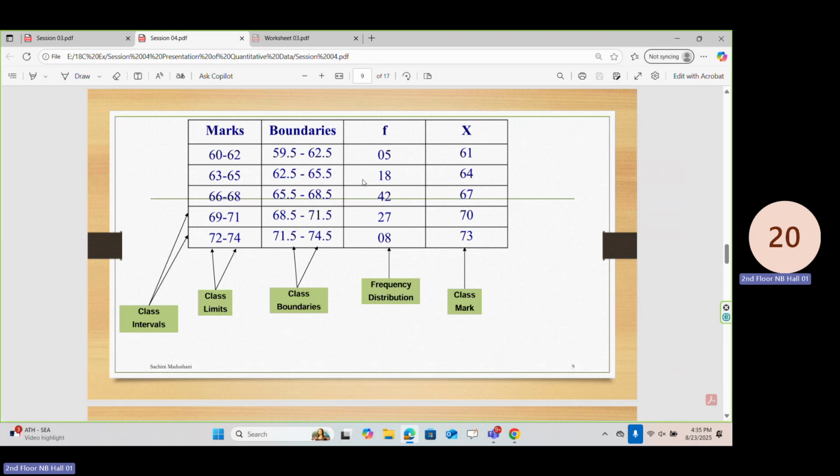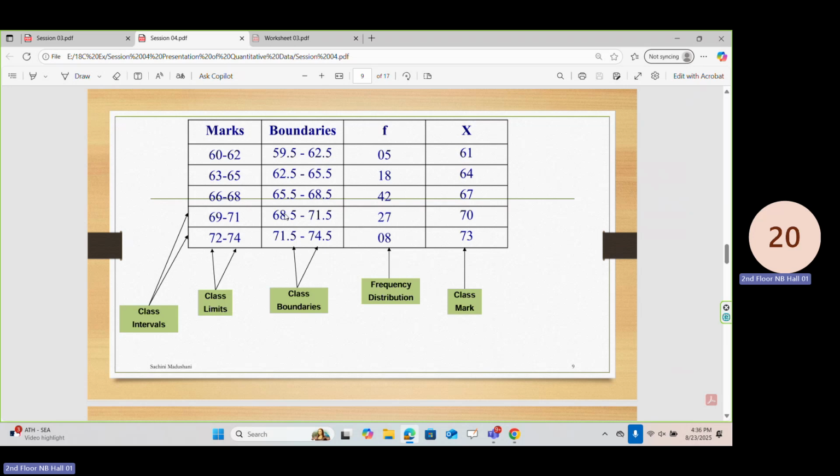That's the meaning of frequency. Another thing is that here ranges and groups are there. When we use the grouped data distribution, we cannot identify the individual values. In the first group there are 5 students, but we cannot identify what each student got.